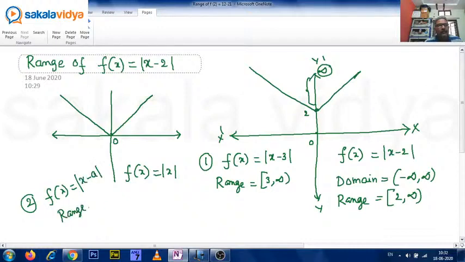The range equals closed a to infinity, a greater than 0. So easily we can remember. Mod x plus 2, the graph is also the same.